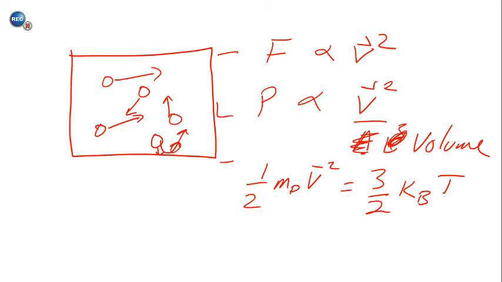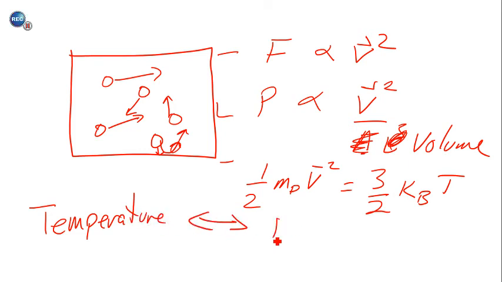And the point of this is that temperature is a measure of kinetic energy. All right. That's the important bit to take away from this. The temperature is a measure of kinetic energy.